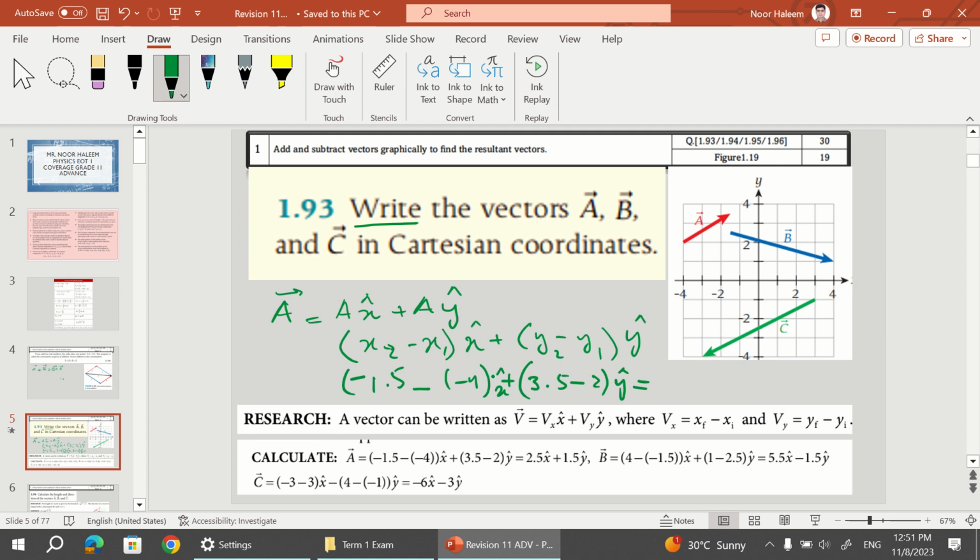Plus 4 minus 1.5, so it will be 2.5 along x. And then the next one, it will be plus, yes. 3.5 minus 2, it will be 1.5. 1.5 y unit vector. That's the answer for A. We wrote the answer for A.